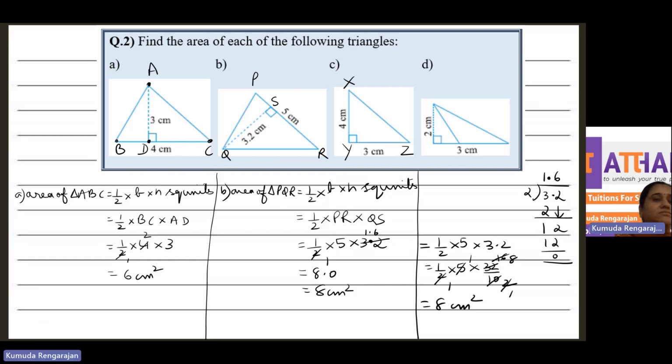What's your doubt, Navneet? Write down this. This one.